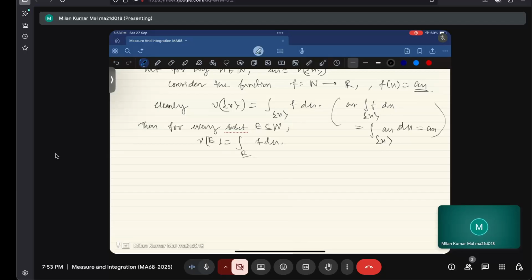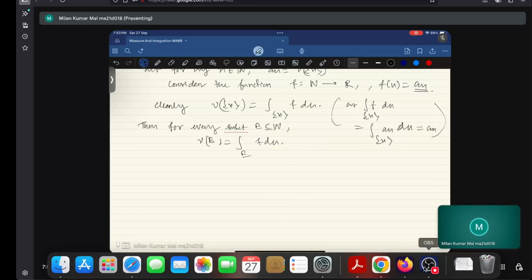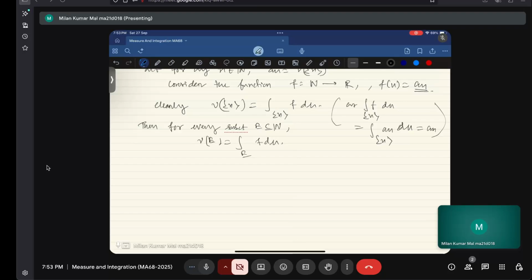How are we using sigma finite? Okay, let me check. Every set can be written as a countable union of subsets.